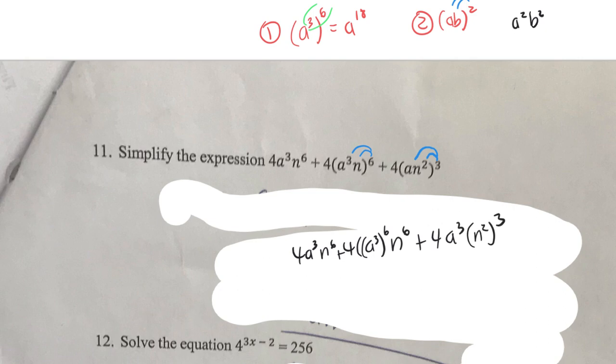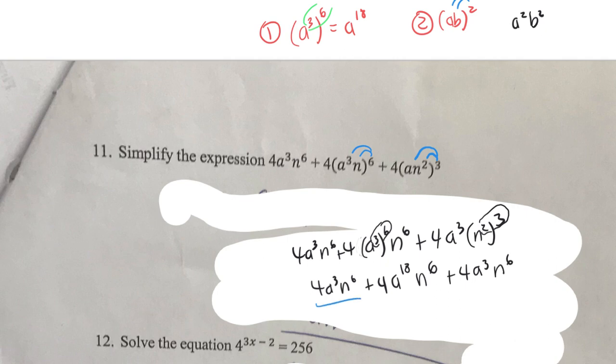All right, now at this point, we can simplify this situation further by using law number 1, and you could also use law number 1 right here. So you would have 4a cubed n to the 6th plus 4 times a to the 18th times n to the 6th plus 4a to the 3rd times n to the 6th.